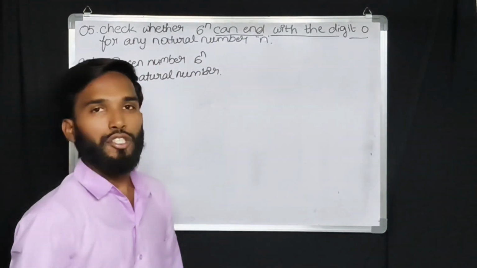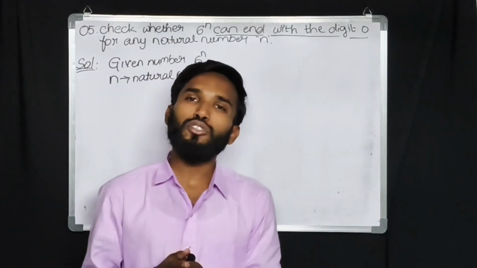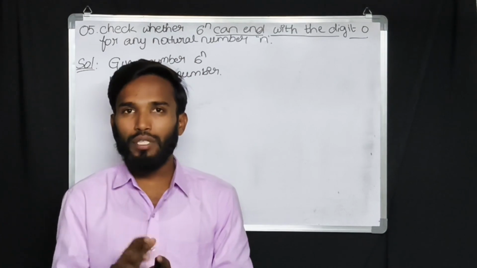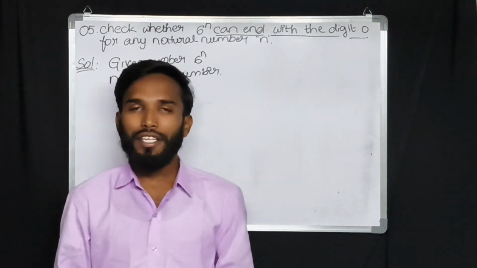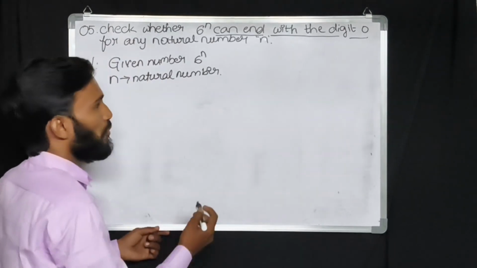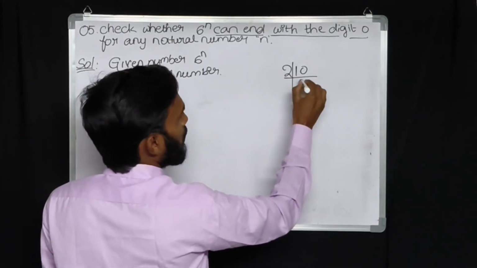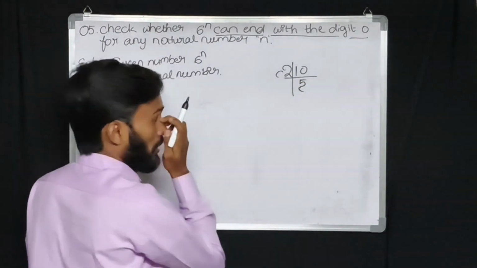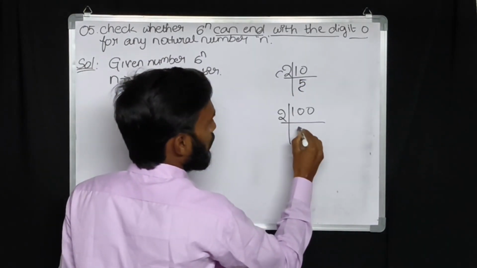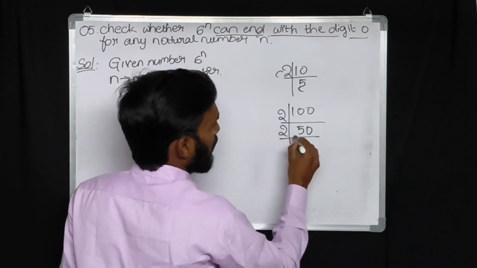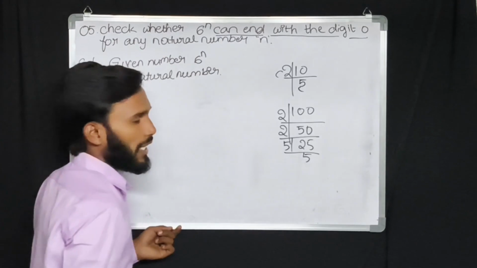One is that it should have prime factors 2 and 5. When a number has 2 and 5 as prime factors, then it is possible for that number to end with the digit 0. For example, if you take 10, the prime factors are 2 and 5. If you take 100, it is in the table of 50 (2 times), the table of 25 (4 times), the table of 5 (20 times).